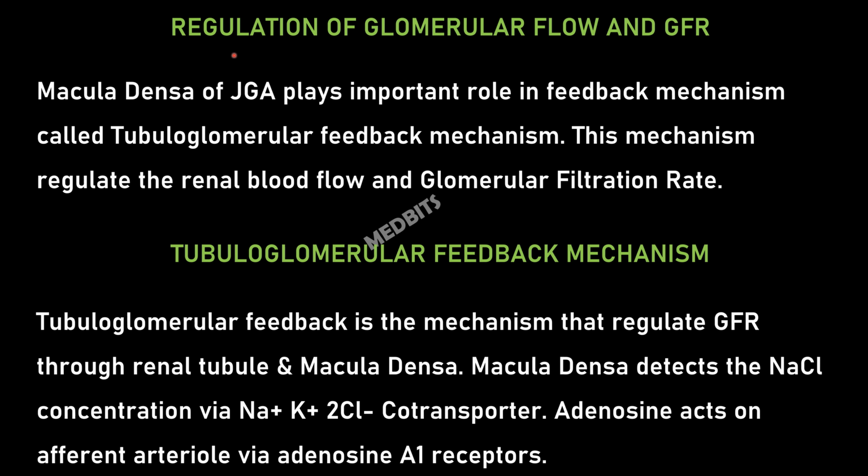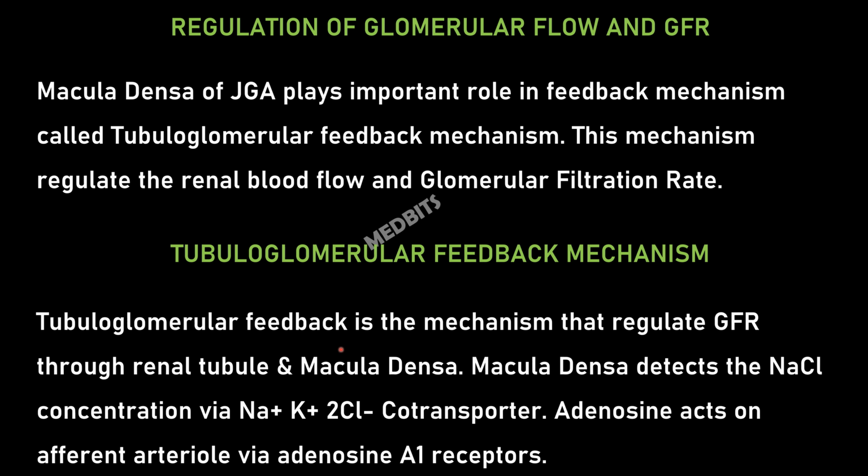Regulation of glomerular flow and GFR. The macula densa of the JGA plays an important role in a feedback mechanism called the tubuloglomerular feedback mechanism. This mechanism regulates renal blood flow and GFR. Let's look into the definition of the tubuloglomerular feedback mechanism.